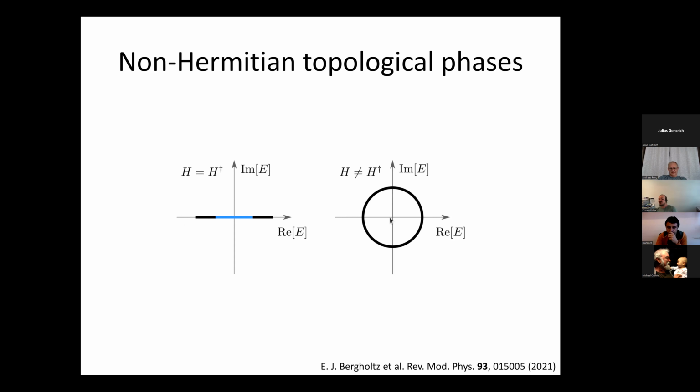Here, the only way to cross from a point over here to a point over here is to intersect the spectrum of the Hamiltonian. So in this sense, there are two gaps in this system. There's one gap which contains the origin of the complex plane, and there's a second gap which is distinct, and it contains the infinity, the complex infinity. So these are two distinct gaps, and they're called point gaps.